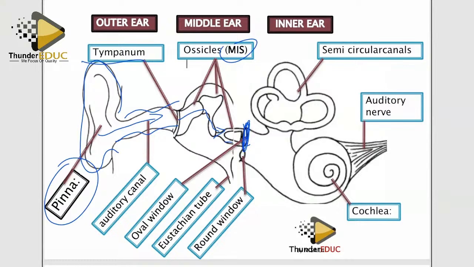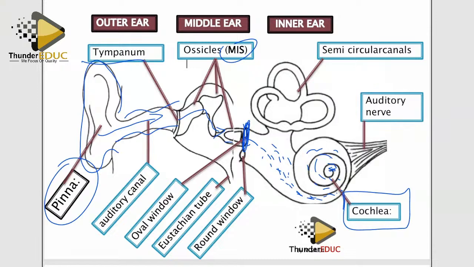It is oval, so it's the oval window. Inside there, you have a fluid called the lymph. It has the endolymph and the perilymph. We don't need to know it now. But that fluid is the one which helps in the transmission of this vibration. And then inside there, we have this coiled part, which we call the cochlea.